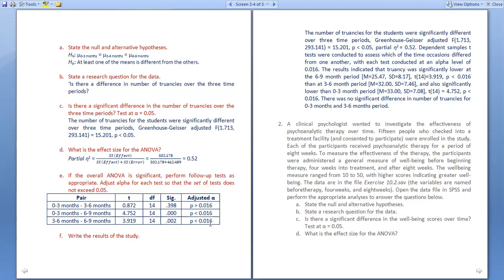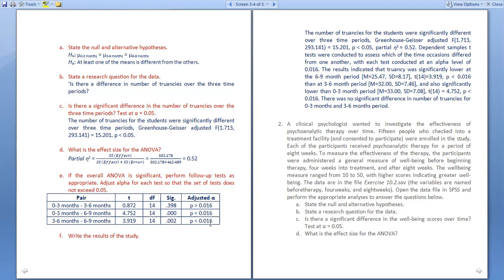Had we got only two levels, we could have made it p less than or equal to 0.025. If there are four levels, we would be making it 0.012.